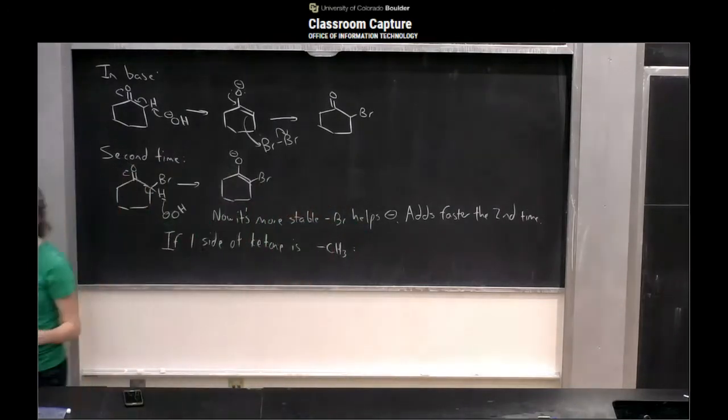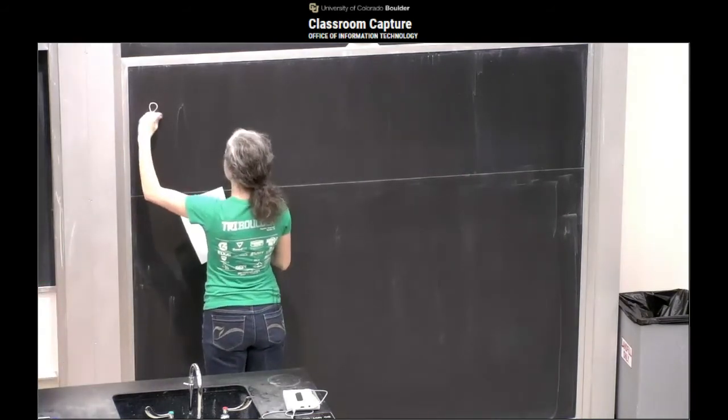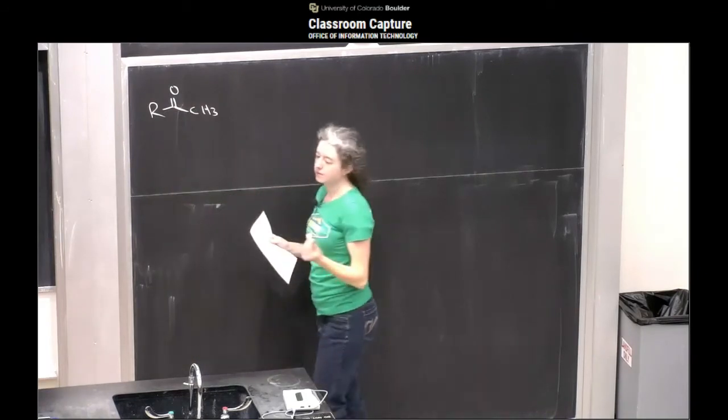And that is if one group attached to the carbonyl is a CH3 group. In other words, we have some kind of methyl ketone, under the old non-IUPAC naming. Okay, so say we've got some kind of methyl ketone going on here.